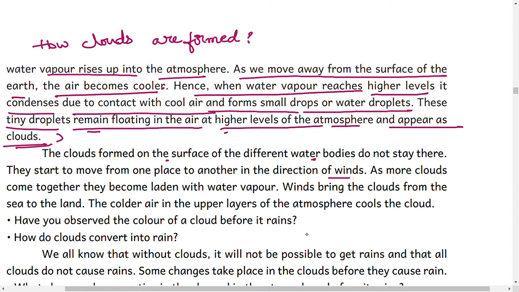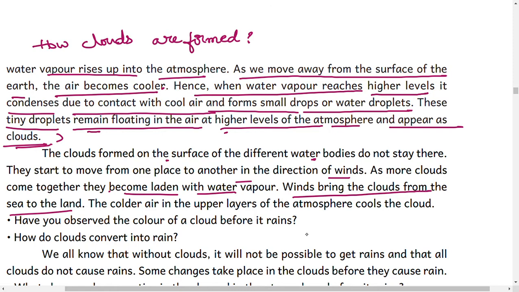As more clouds come together, they become laden with water vapor. Winds bring the clouds from the sea to land. So the movement of the clouds depends on the direction of the winds, and when clouds come together and become laden, that means large clouds are formed, then the winds bring the clouds from the sea to land.